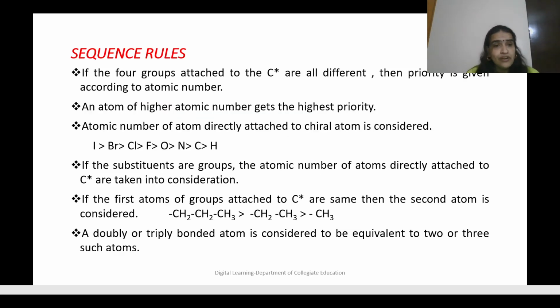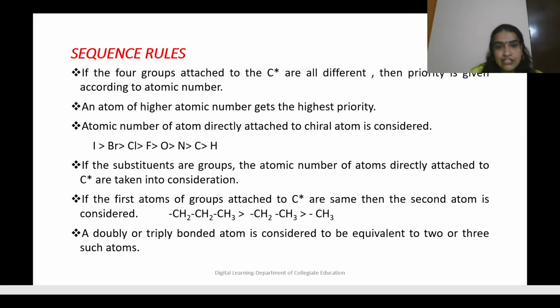Now, followed by the rule, if the 4 groups attached to the central chiral carbon are all different, then priority is given according to the atomic number. An atom of higher atomic number gets the highest priority. The atomic number of the atom directly attached to a chiral carbon atom is considered.